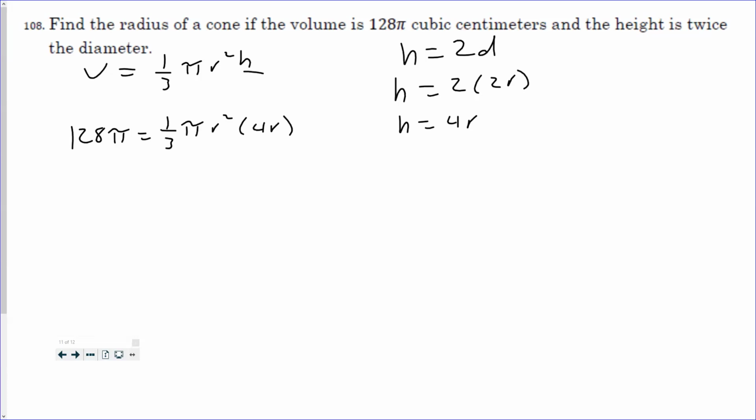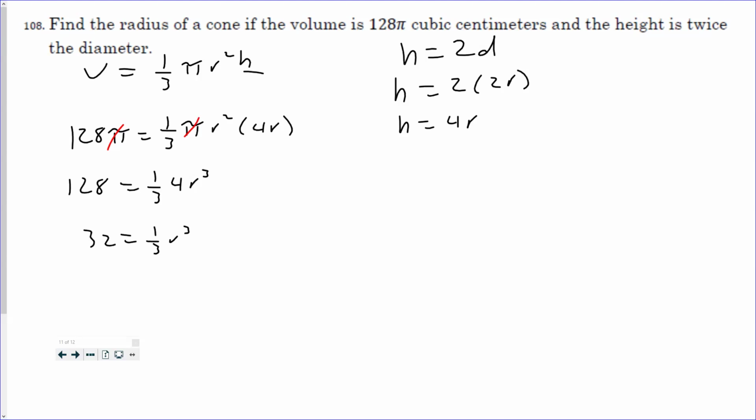So we can solve this out. The pi's cancel out right away. And I'm left with 128 equals 1/3 times 4r squared. We can do 128 divided by 4 to get 32 equals 1/3 r cubed.